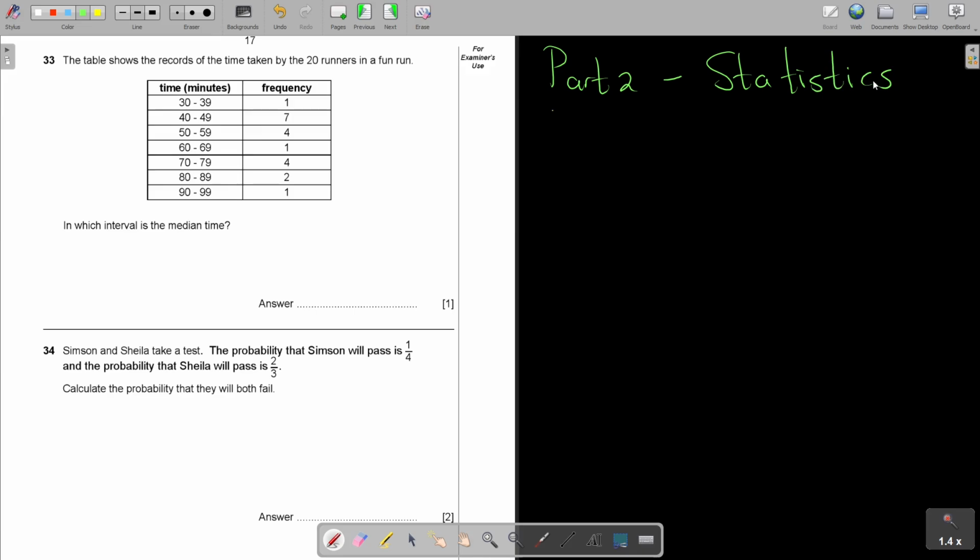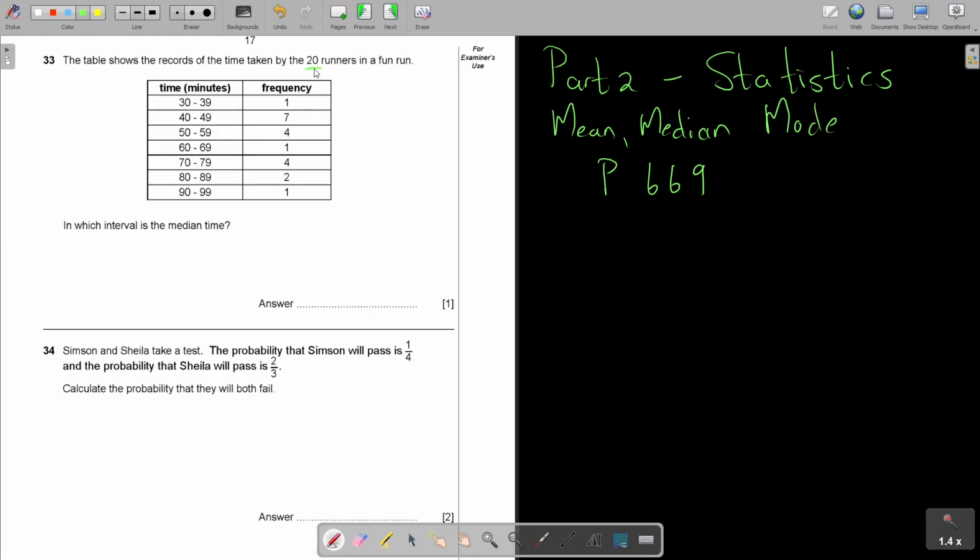That is where you will find the mean, median, and mode, on page 669. They give you the different frequencies, and then they are asking in which interval is the median time.